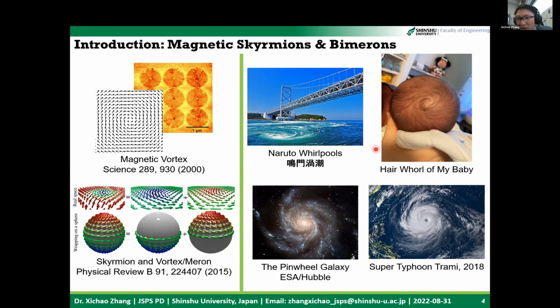And it can also be found in the water, such as the very famous Naruto whirlpools in Japan. And some galaxies in our universe also show the vortex structure. So this year, I also found a vortex structure on my baby's head. In fact, in a topological space, the structure of a skyrmion can be regarded as a combination of two vortex structures.